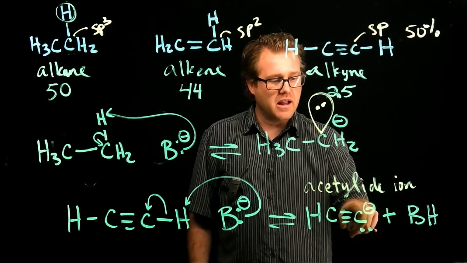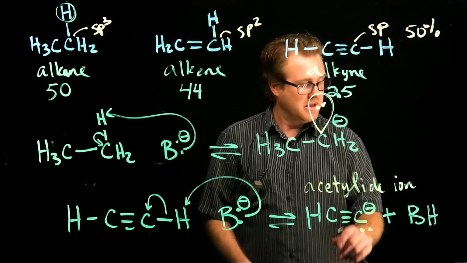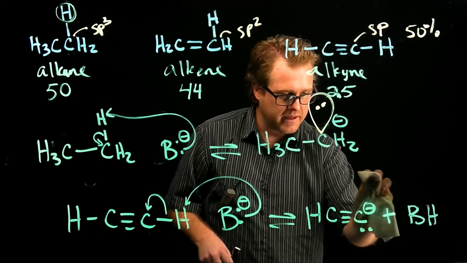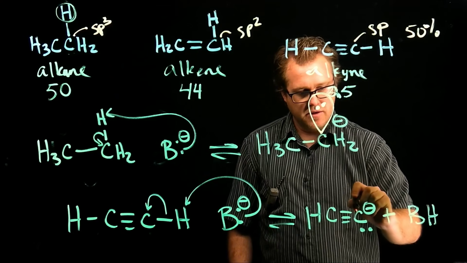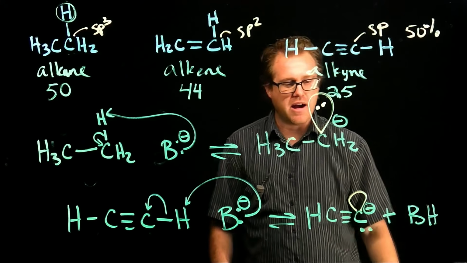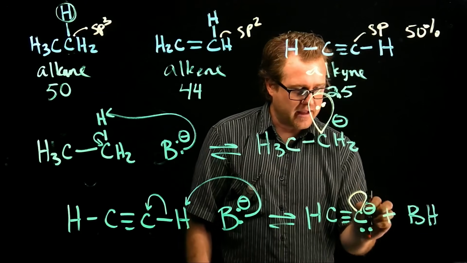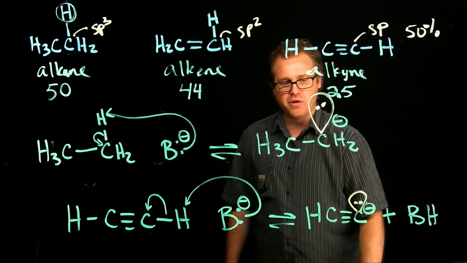But with the acetylide ion, what's the hybridization state? We started at an sp. So we have an sp hybridized orbital here, and it has more s character. I'm going to draw it for dramatic effect here. See that the lone pair, if we put it in that orbital, is closer to the nucleus.